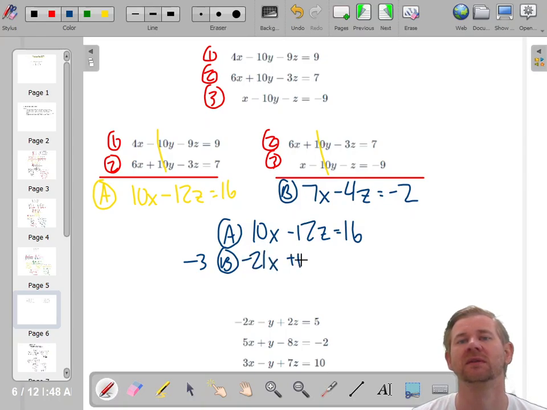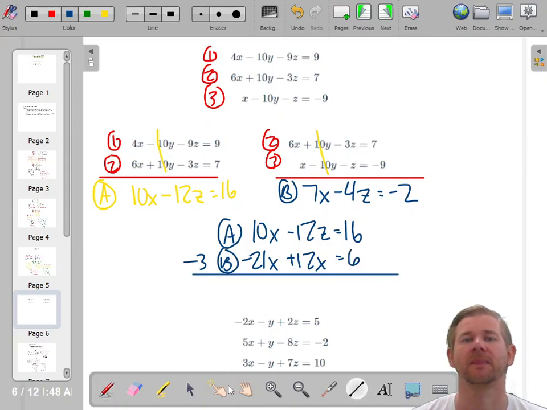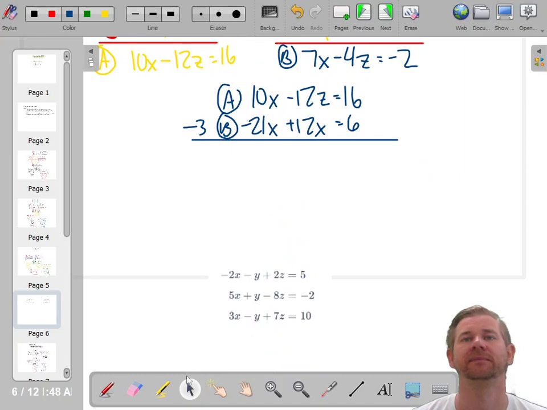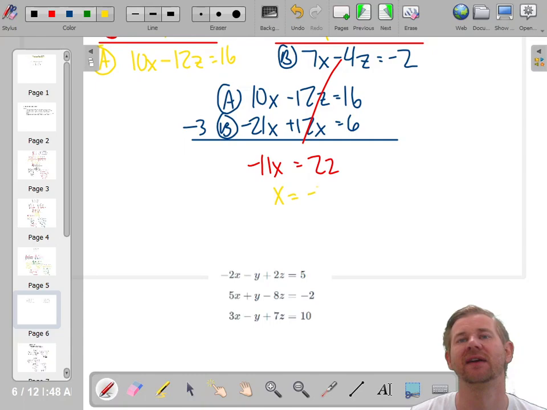Negative 21, positive 12, and negative 2 times negative 3 is positive 6. Get this out of the way. Negative 21 and 10 make negative 11. Those go away. 16 and 6 makes 22. So when you divide both sides by negative 11, you get negative 2 for x.